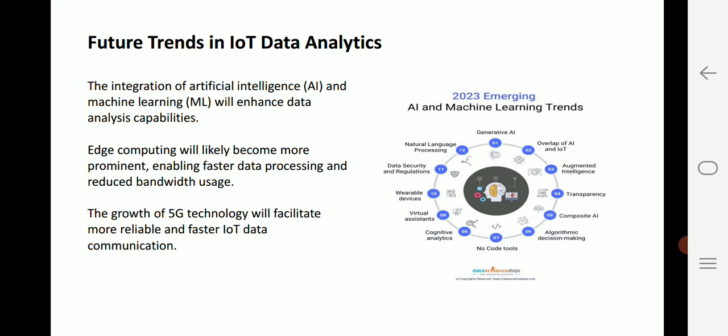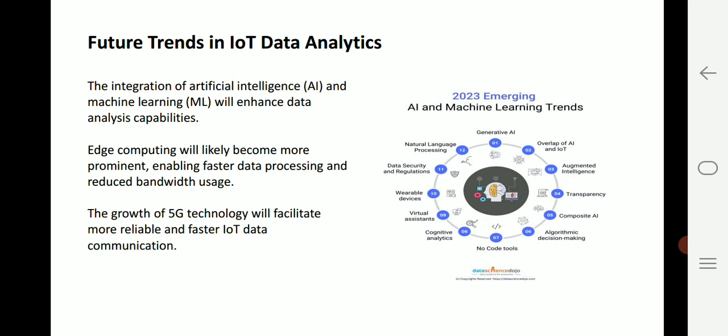So there are future trends in IoT data analytics, and we are discussing what those are. The integration of AI, artificial intelligence, and ML, machine learning, will enhance data analysis capabilities.